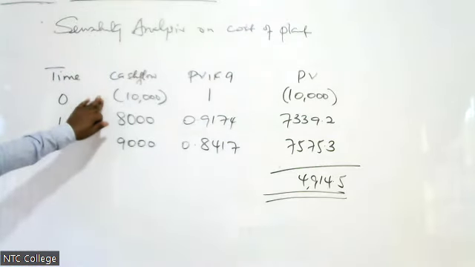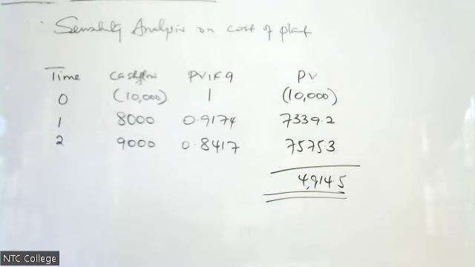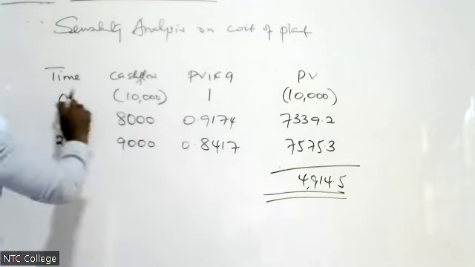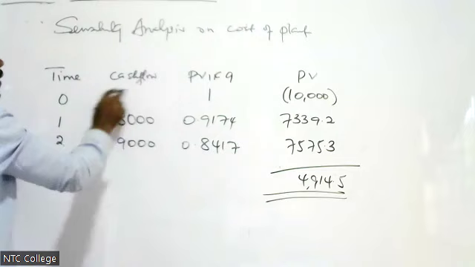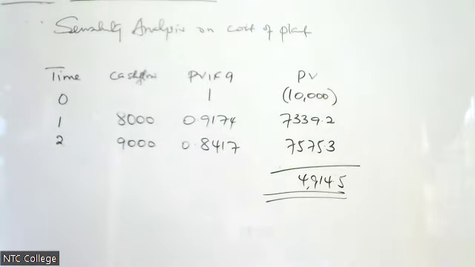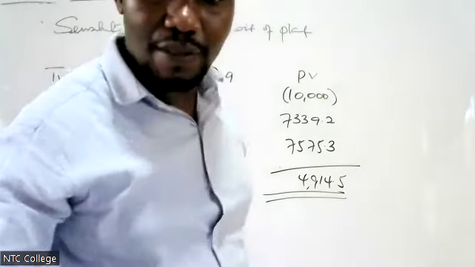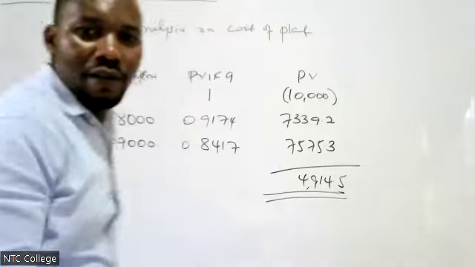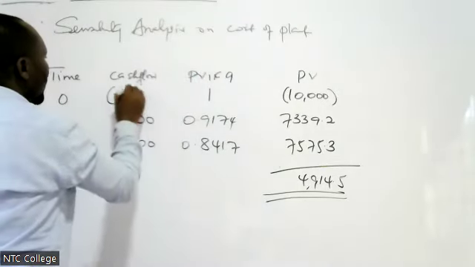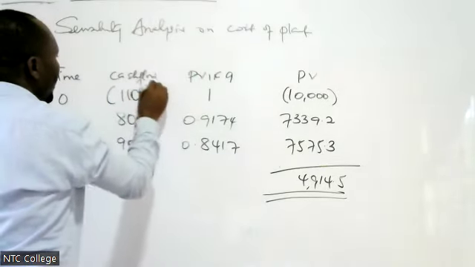Cost of plant varies adversely by 10%. What will be the new cost of plant? We only change one factor at a time. So here, cost of plant is this one. Adversely by 10%, it will be negative 111 here, right?